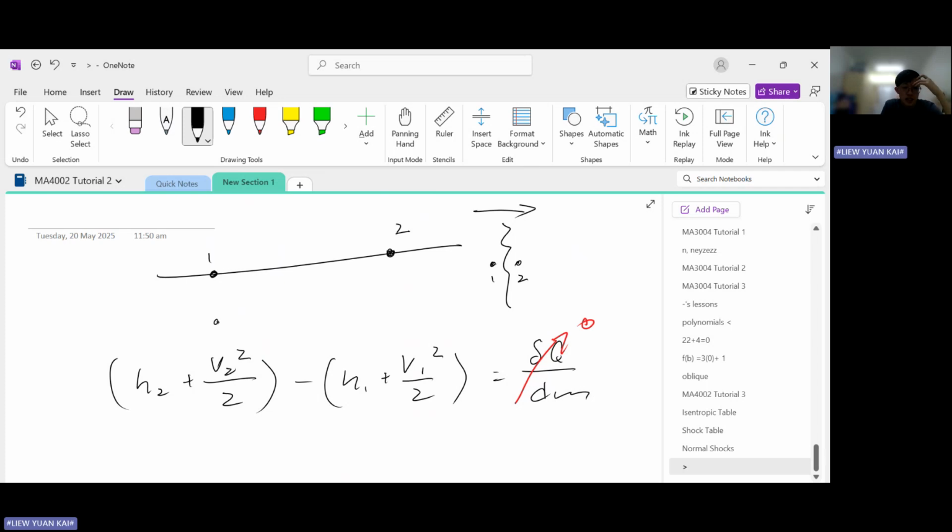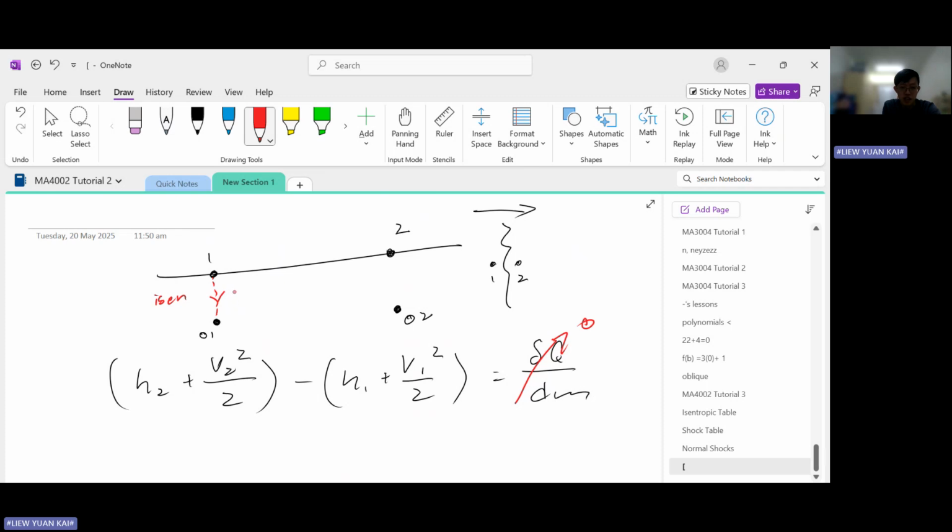And then these are the stagnation point of 1 and the stagnation point of 2. In order to get from 1 to its stagnation point, 01, this is an isentropic process. You isentropically decelerate it to 0 velocity, right?